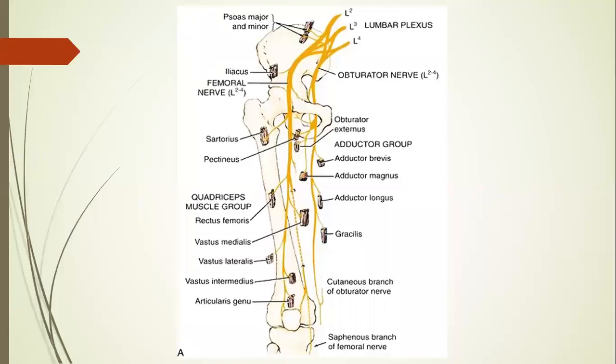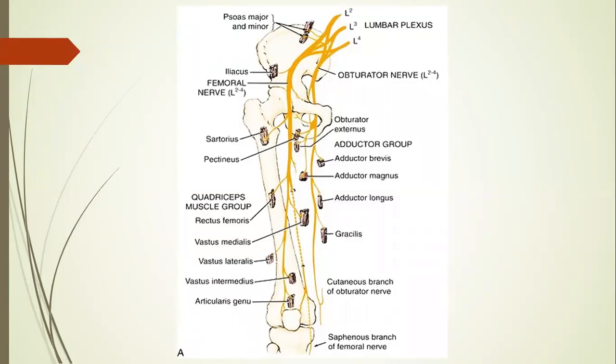But there is an additional group of muscles in the lower limb: the adductor muscles. Adductor muscles are the medial compartment of the thigh, and remember that the medial compartment of the thigh is supplied by the obturator nerve.